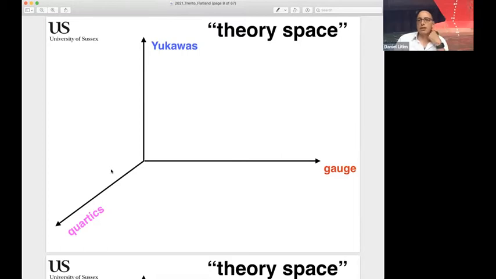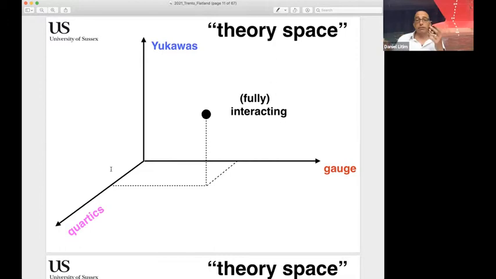So in a sense, the theory space which we'd like to scan consists of Yukawa, gauge, and quartic interactions, such as shown here. And what you might expect is, of course, we will see the free Gaussian fixed point, which evidently exists always. We may find partially interacting fixed points with non-zero gauge couplings, but zero Yukawas and zero quartics. Or we may find even more fully interacting ones where maybe all of these couplings are non-zero.